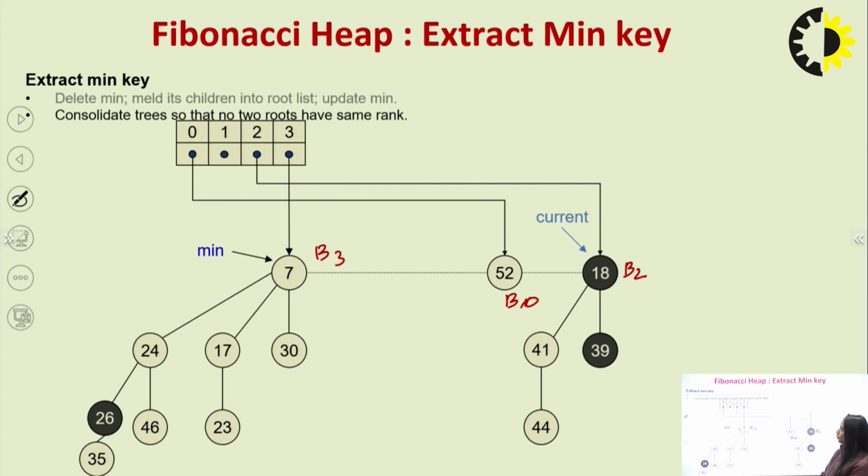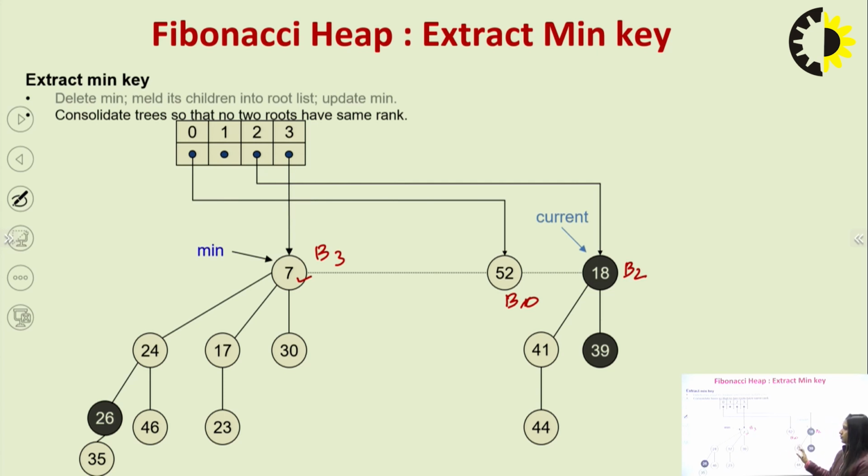This is the way we can extract the minimum from the heap. Whenever we extract the minimum key, we have to follow all these steps which I discussed here. Next, if I want to extract this 7, delete that 7 from here and meld its children at the root node, right?